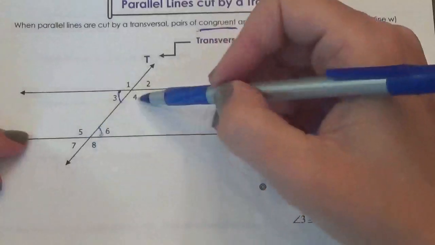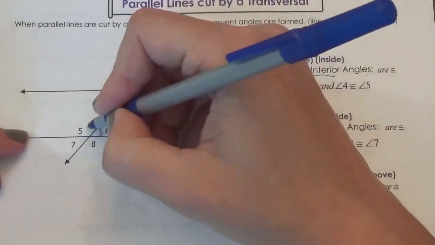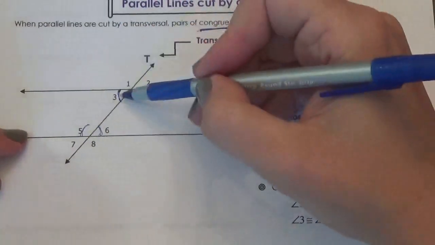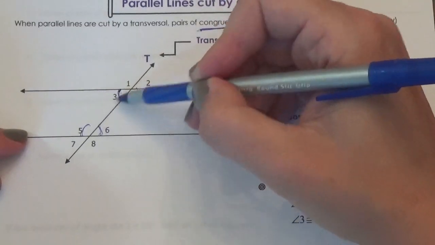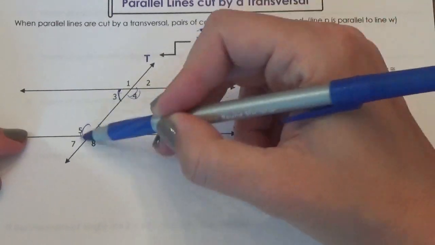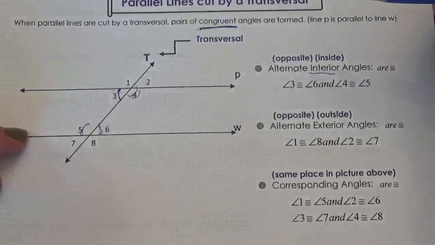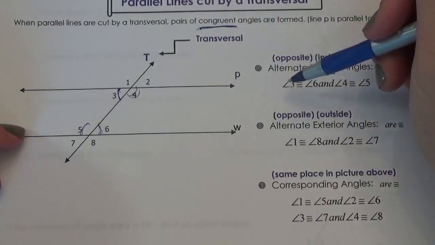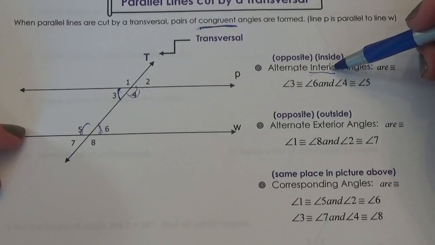Angle 4 and 5 are going to be equal to each other. And you can kind of tell, look, 3 and 6 are both acute. Those are going to equal each other. 4 and 5 are both obtuse. They're going to equal each other. All right, so that's alternate interior angles.